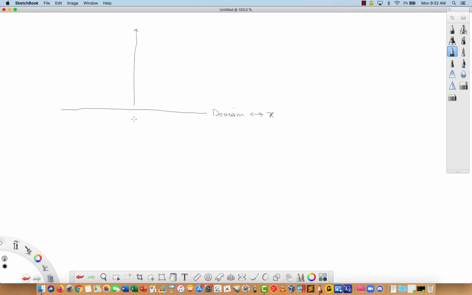We also have the range values located vertically, which for us is going to be primarily f of x. So what would a function look like? A function might look like this. Notice that each domain item gets mapped to exactly one range item. There's no place here where it's possible for domain values to go to two different range values.